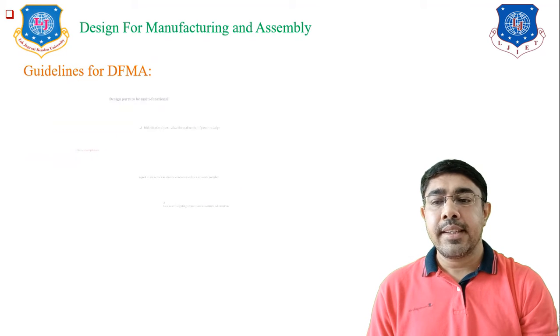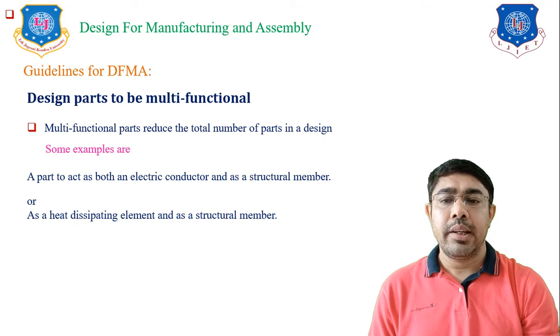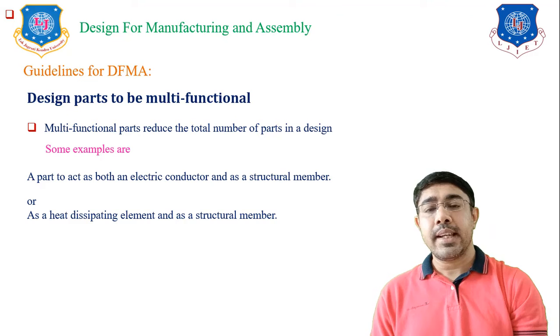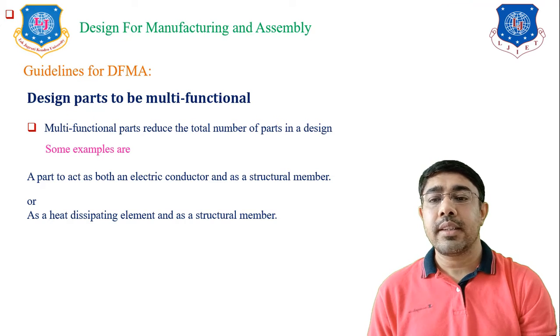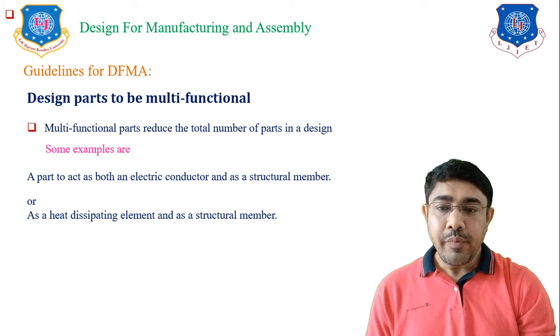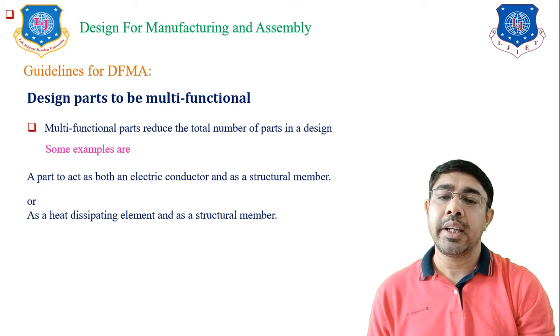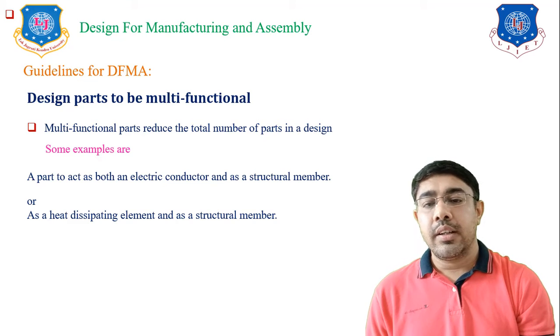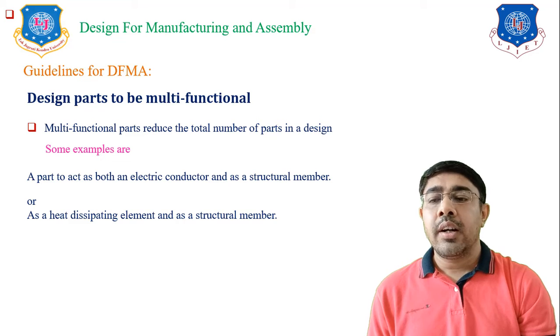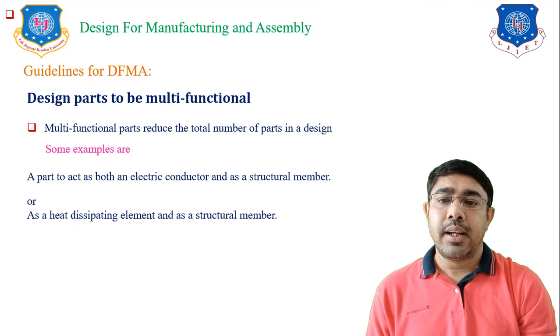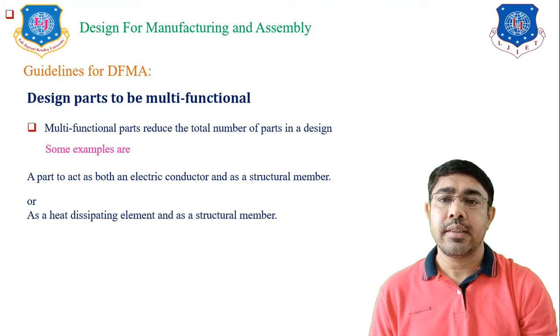Next guideline is to design parts to be multifunctional. When we design the components, we have to consider the guideline that these components have to be multifunctional. For example, multifunctional parts reduce the total number of parts, because the same component acts in multiple functions.